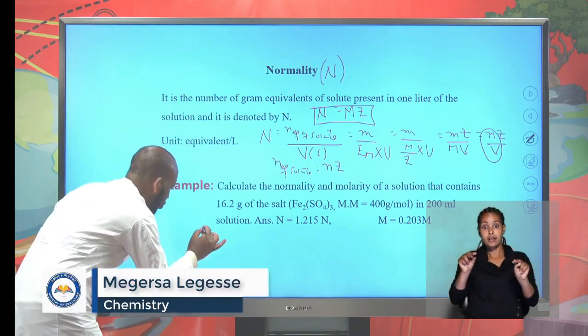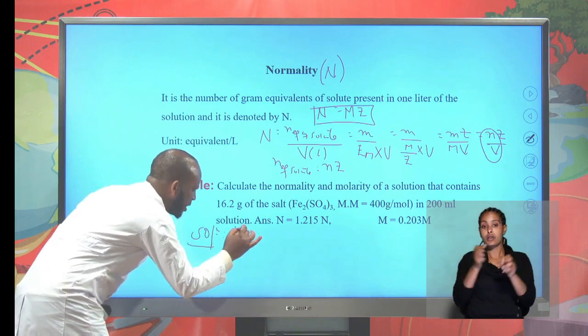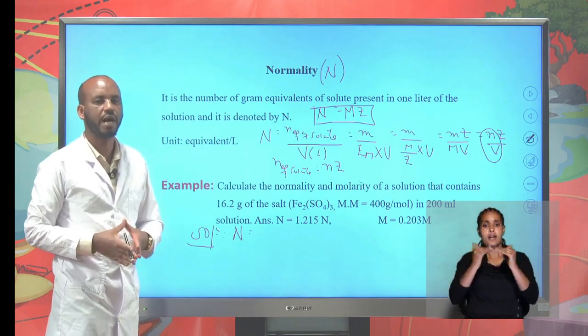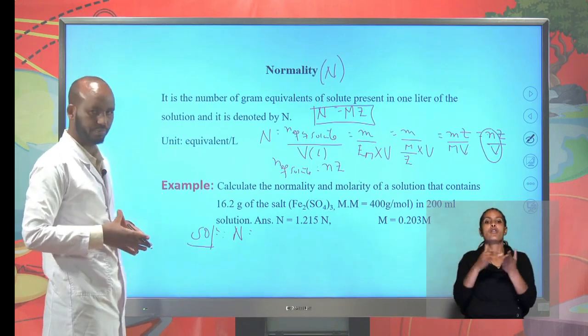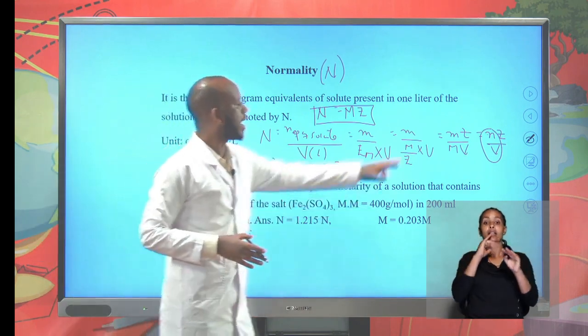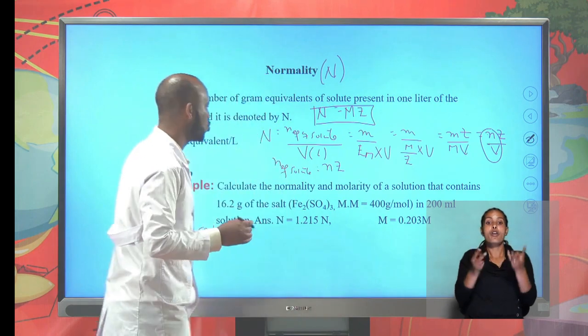Normality equals number of equivalents divided by volume of the solution. Therefore, normality equals m times Z divided by molar mass times volume of the solution.